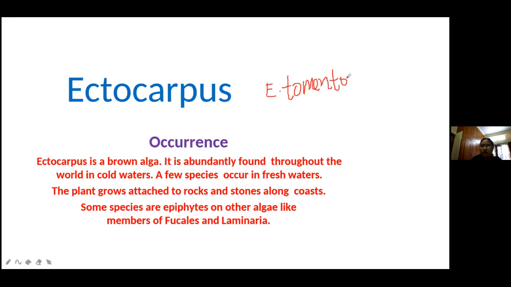This one is a Fucales. You can observe this one. Next one, Laminariales. Which one attaches to this member? Ectocarpus deformans. This is the deformans. You can observe where Laminaria is.